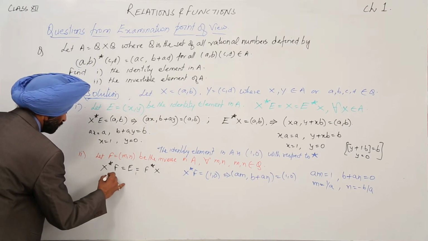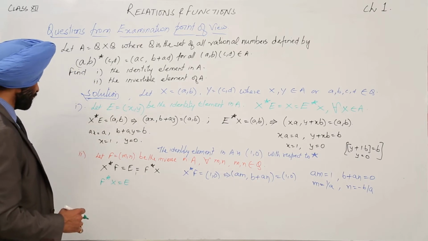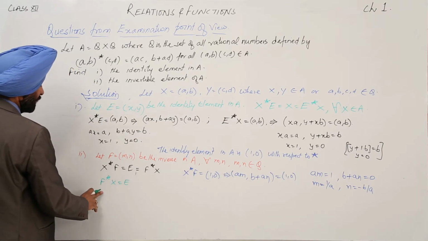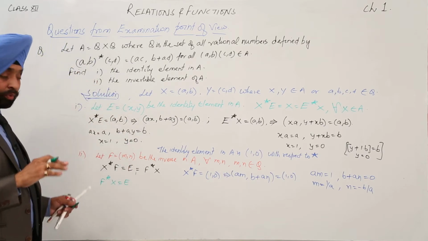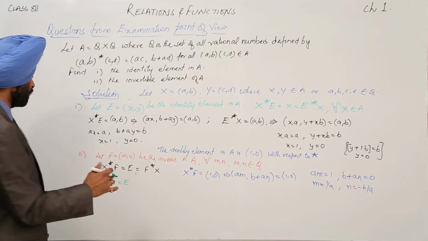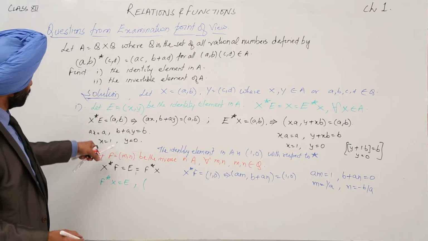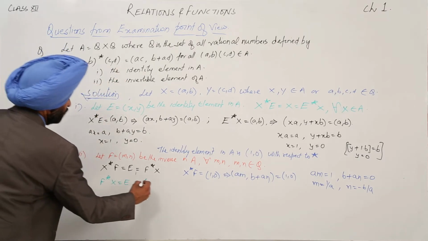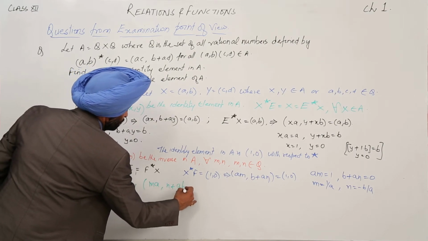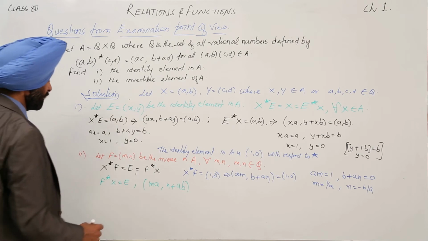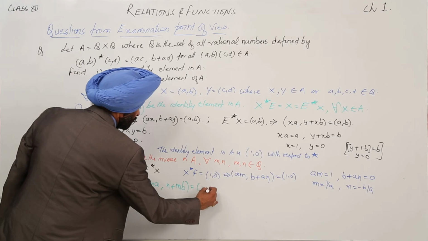Okay, now the second condition is what? f star x is equal to E. Now for f star x, again f is what? Now f is (m, n). In place of A and B we are going to put M and N, and E as it is (1, 0). So what we are having for f star x related with this part, we are having (ma, n plus mb) is equal to (1, 0).